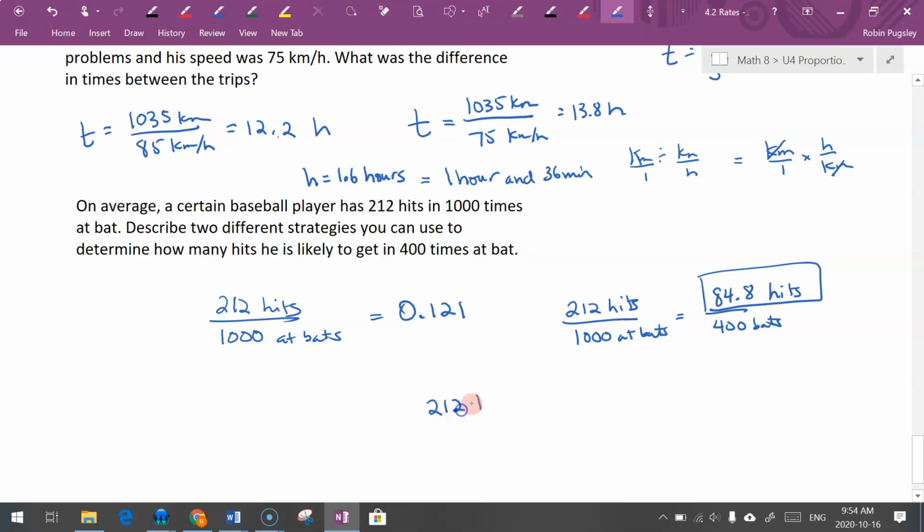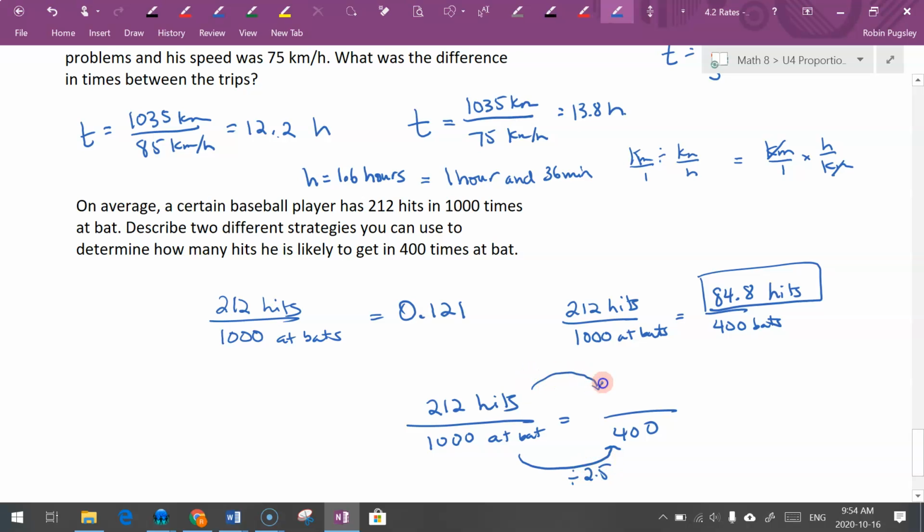What's another way we could do it? Well, we could just use our equivalent fractions, right? We could say, how am I getting from 1,000 to 400? Well, I'm getting smaller, so I'm dividing by something. But what am I dividing by? Well, I'm dividing by whatever 1,000 divided by 400 is. Oh, I'm dividing by 2.5.